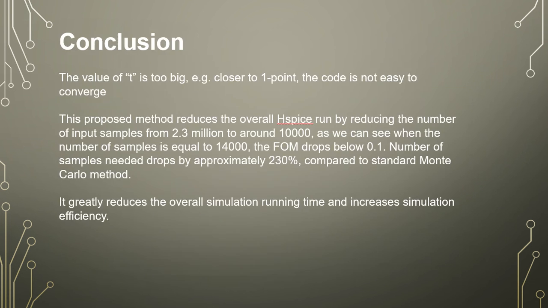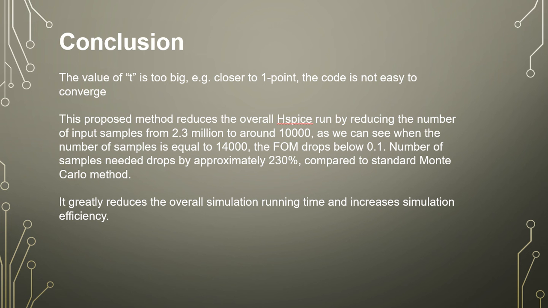So the conclusion is that with the proposed algorithm, let's start with the t. As we can see, if the value of t is too big, which means it's very close to 1, the algorithm does not converge as easily.